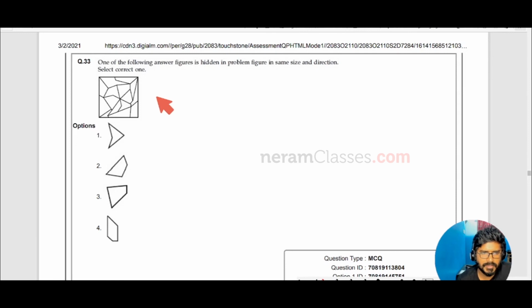Now question number 33, we need to find out which of the following shapes is hiding in this composition. Like we solved in the previous problem, take any one of the lines, either this angle line, and look for the shape which is touching in the same direction. So if we take this line, touching this line, I don't find anything like a star. So option 1 is the wrong answer. Also option 2, the same thing, this line, but we don't find any shapes below that.